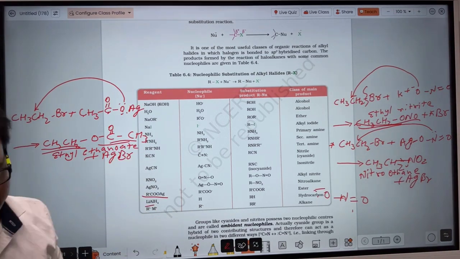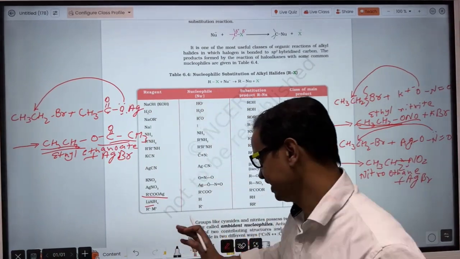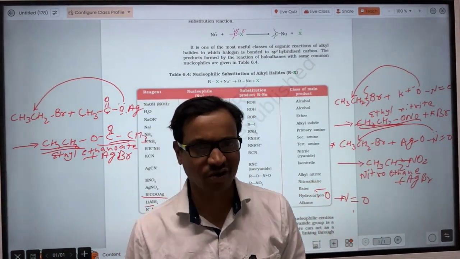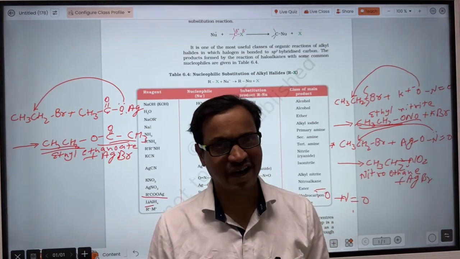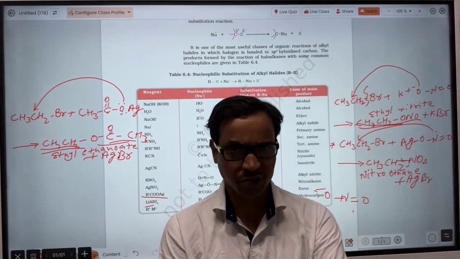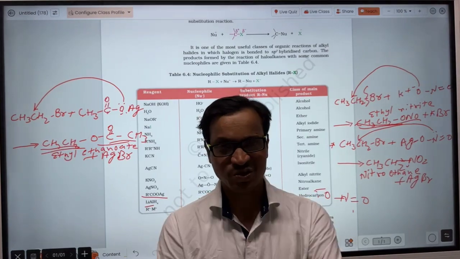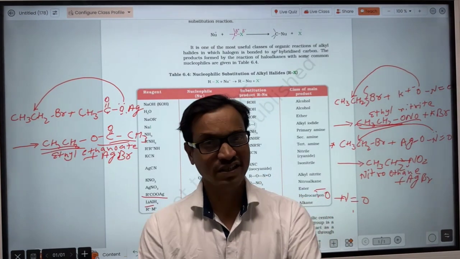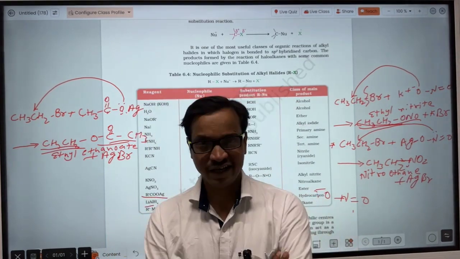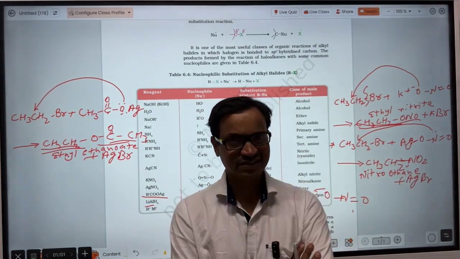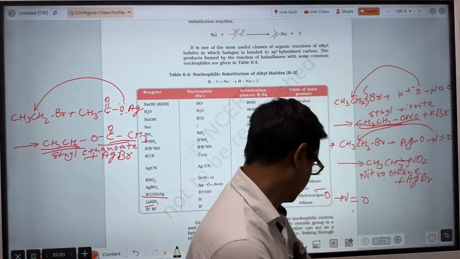Now let's see the reaction with LiAlH4. LiAlH4 is called lithium aluminum hydride, and it is a very strong reducing agent as it provides nascent hydrogen.